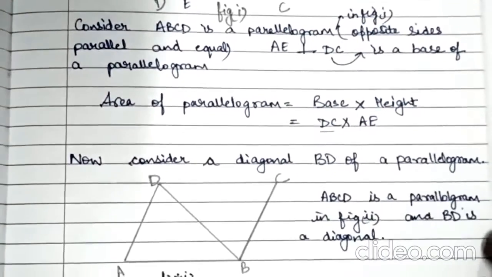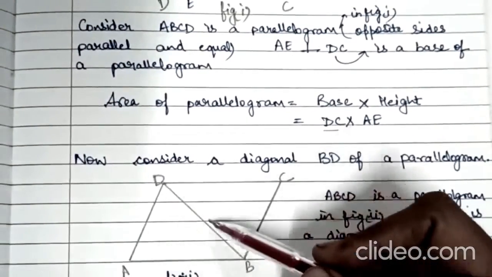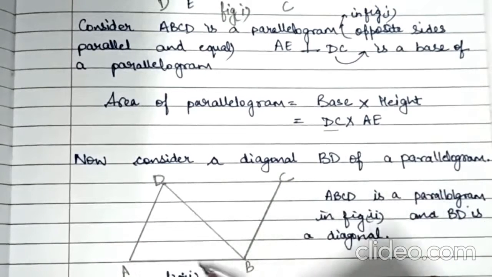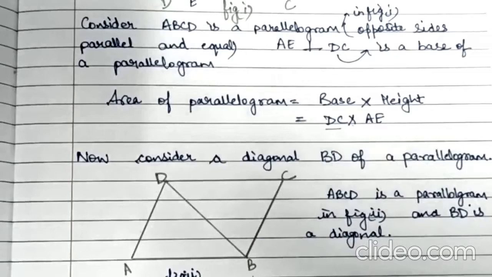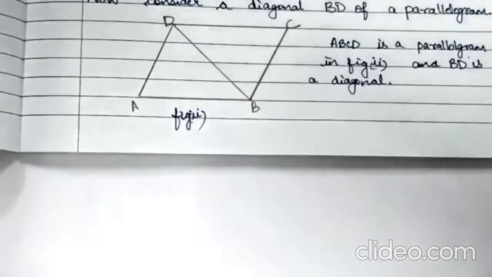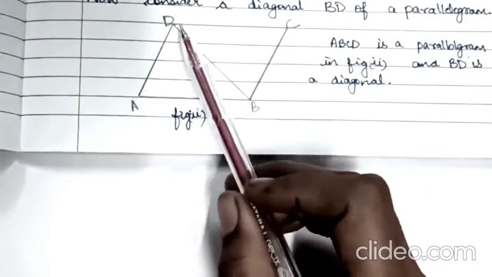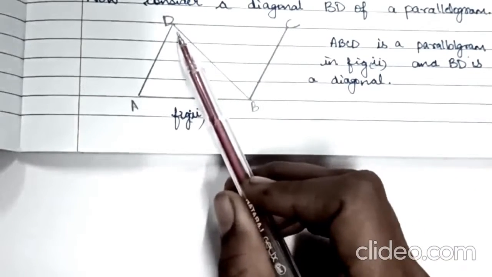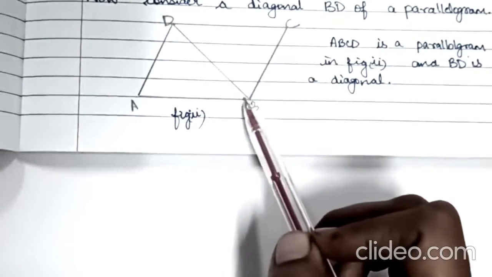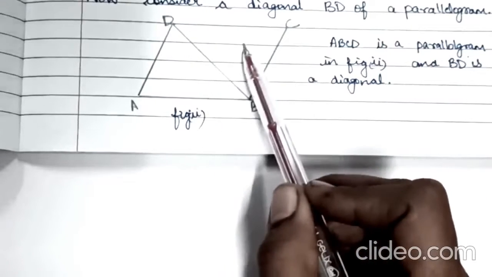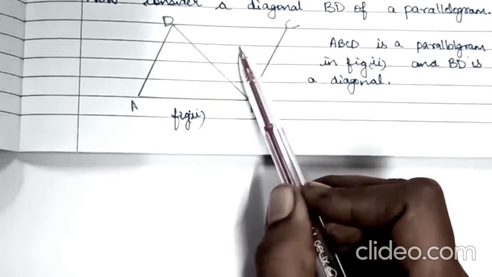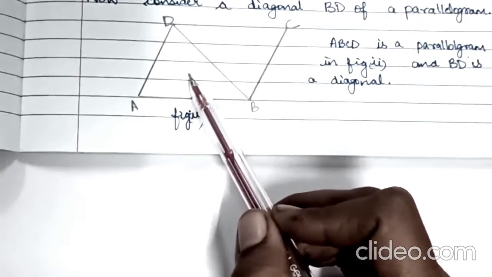Now consider a diagonal BD in the parallelogram ABCD. As you can see in figure 2, the diagonal BD divides the parallelogram into two parts, and each part is in the shape of a triangle.